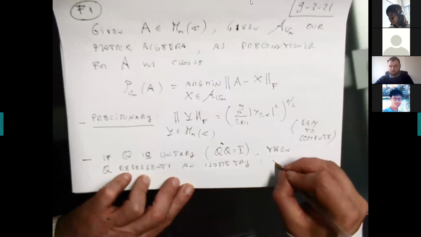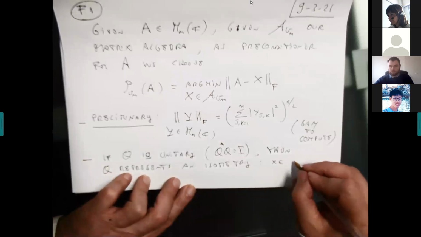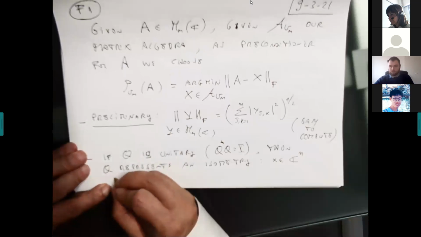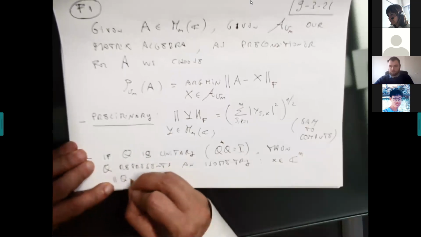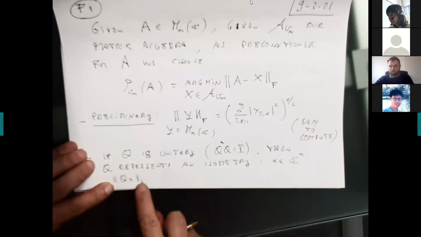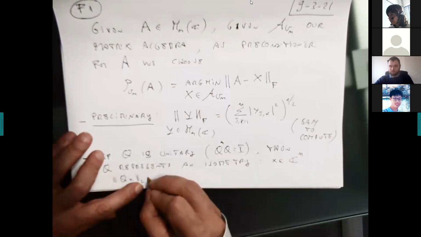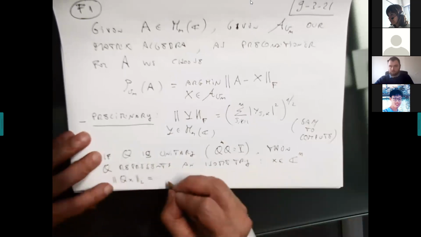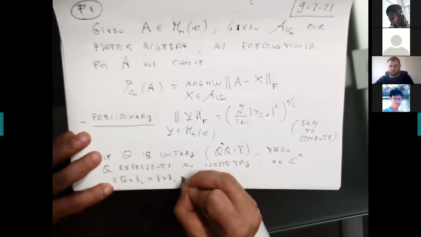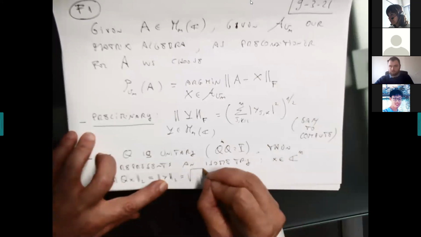So for any x belonging to C^n, the Euclidean norm of Qx, what is it? The Euclidean norm of a vector, if you remember, is the square root of y star y.